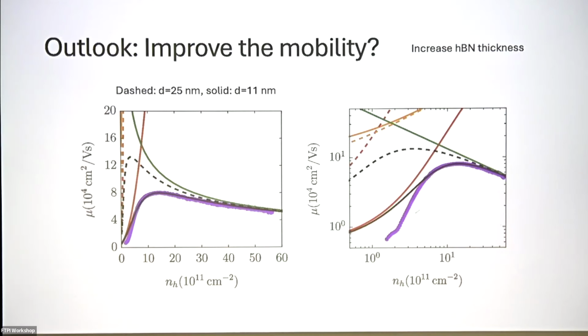I should mention that in Philip's sample, the hBN thickness is much higher than Corridin's sample, but because of the contact issue, they cannot measure the mobility to very low density. But if I look at the trend of your data, it seems like it should keep growing at lower density.